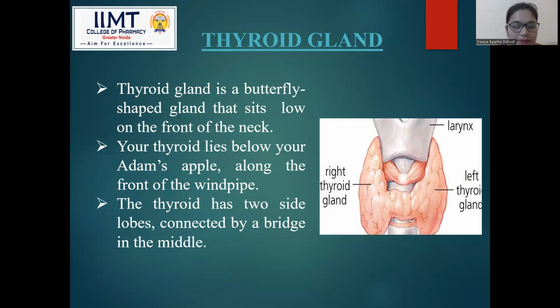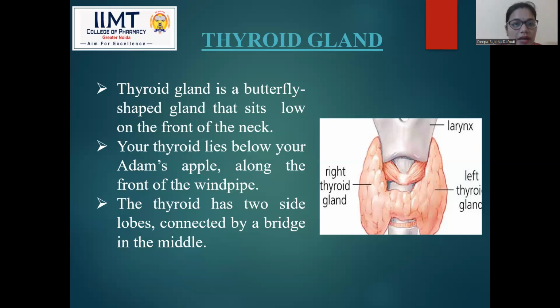Your thyroid's main job is to control the speed of your metabolism or metabolic rate, which is the process of how your body transforms the food you consume into energy. All of the cells in your body need energy to function. When your thyroid is not working properly, it can impact your entire body.